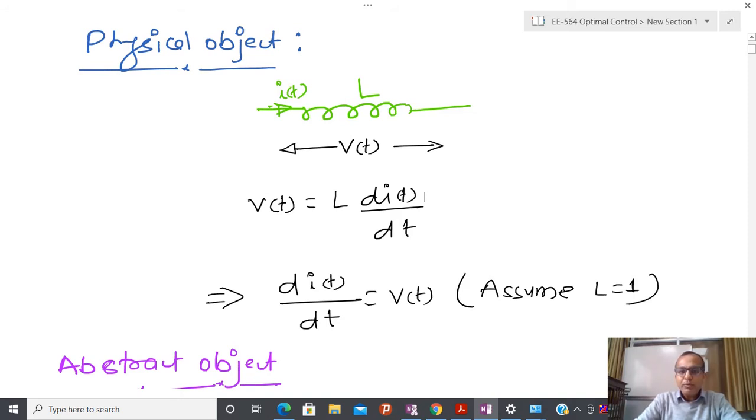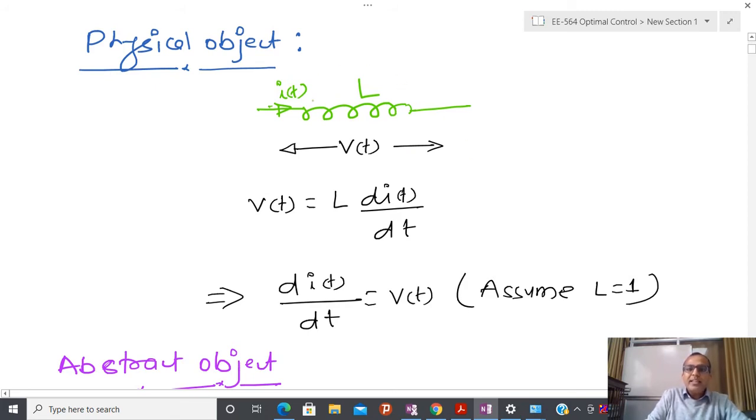So in this particular example, I have started with a very simple physical object, that is called an inductor. And in this particular platform, since a real inductor is not available, what I have done is represent that inductor using some kind of symbolic form.